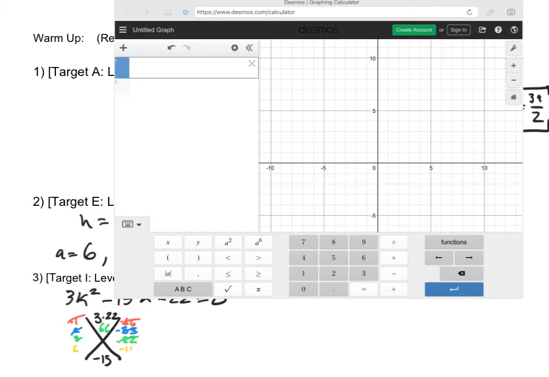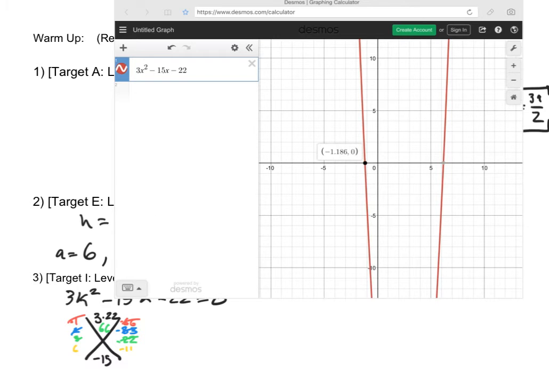All right, so it's 3x squared minus 15x minus 22 equals 0. All right, so there are two solutions.